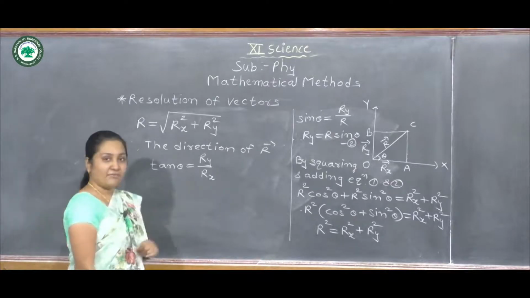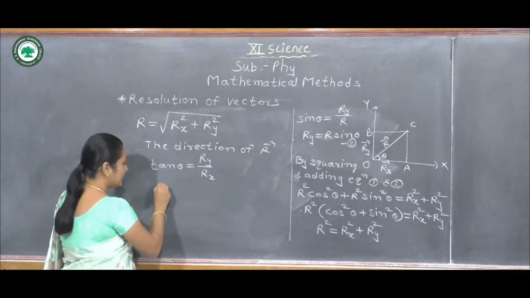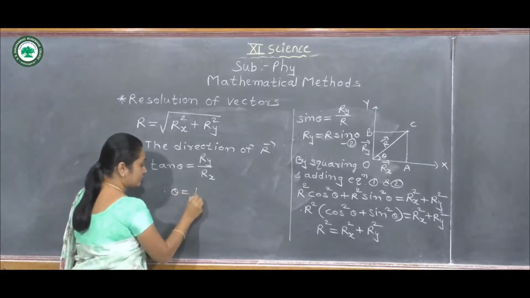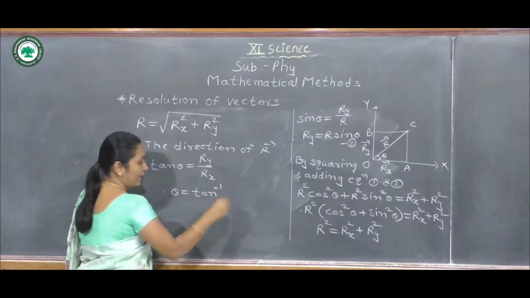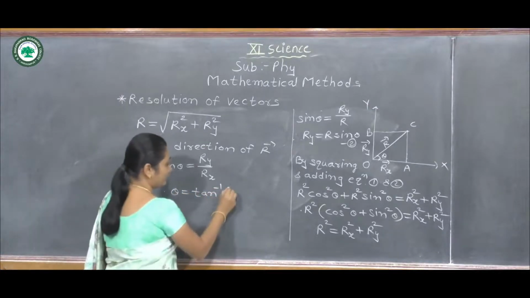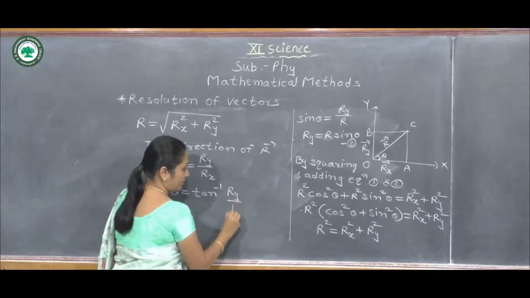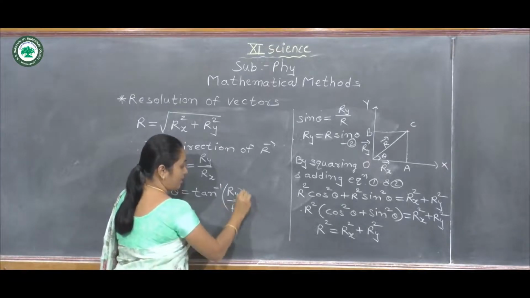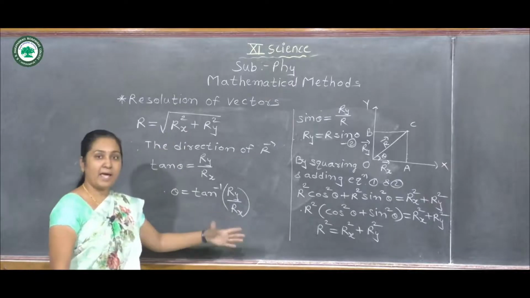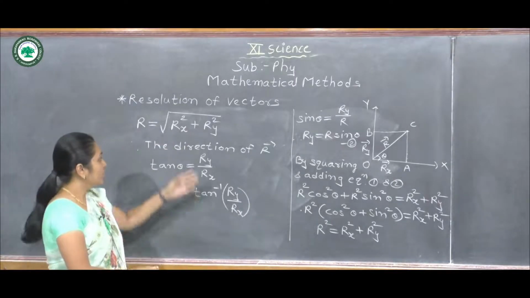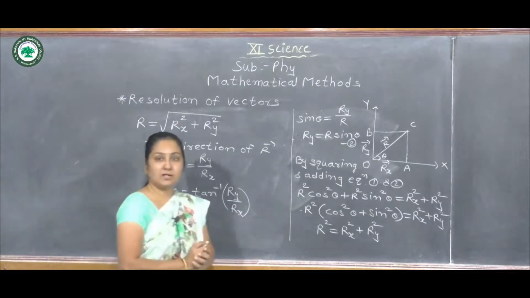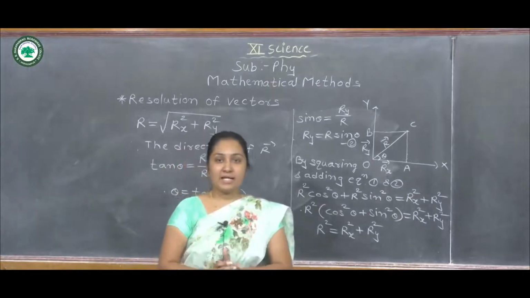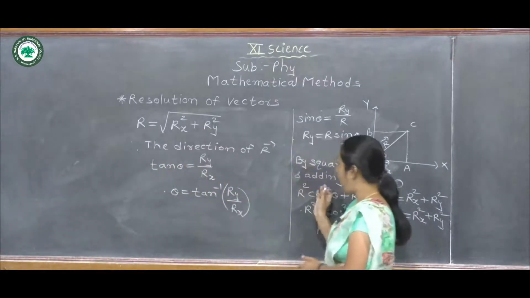Now from this equation we can write theta is equal to tan inverse ry divided by rx. So these two equations give us the magnitude and direction of a vector r bar.